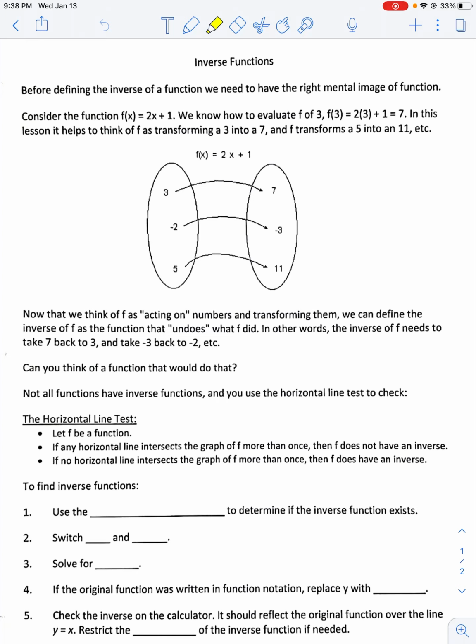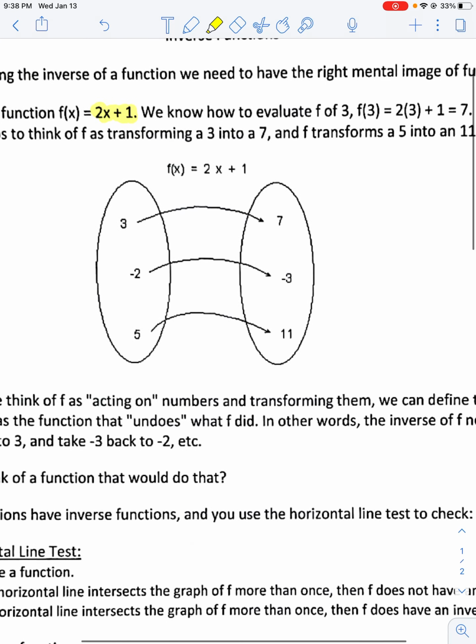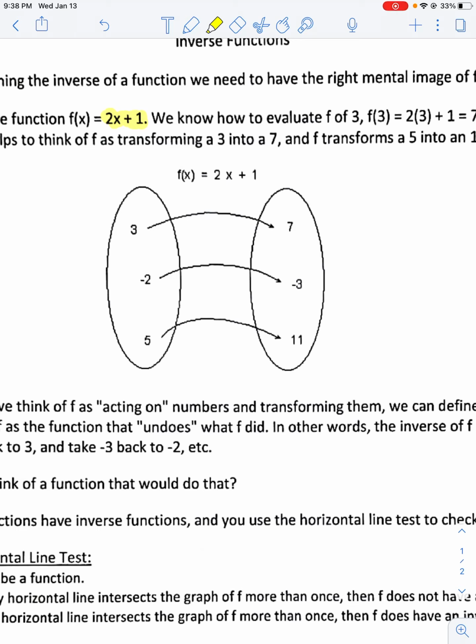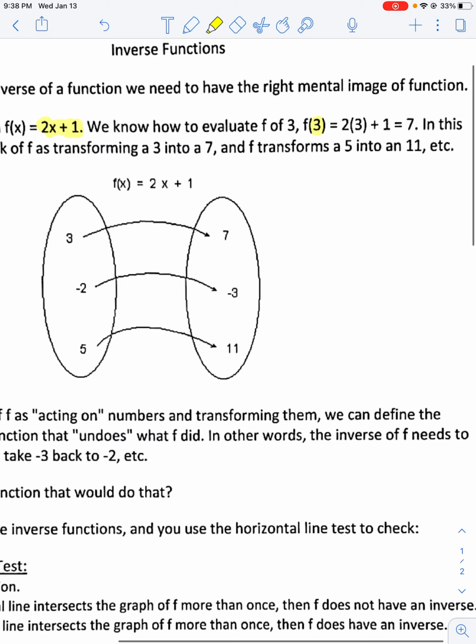To be a function, what happens is you have some type of equation. And in that equation, like that 2x plus 1, if I wanted to figure out what the solution to that function is, if we treated x as 3, what we do is we treat 3 like it's an input.